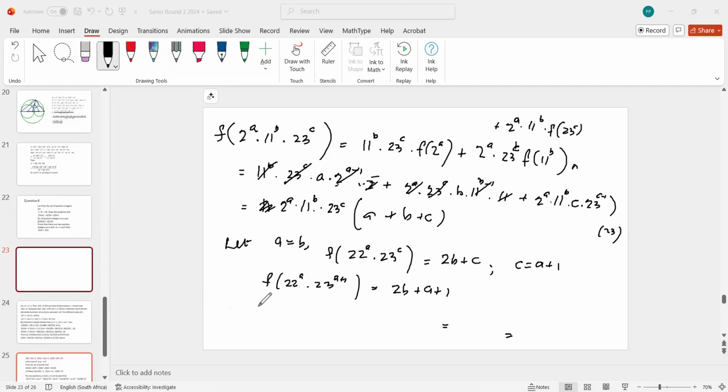Here I'm going to put f of 2 to the a plus 1, 11 to the b plus 1, make it a plus 1, and 23 to the power of c is equal to, make it b plus 1 and b plus 1.